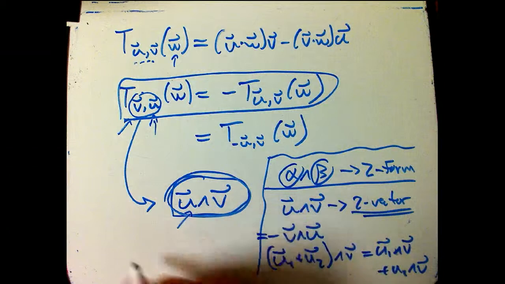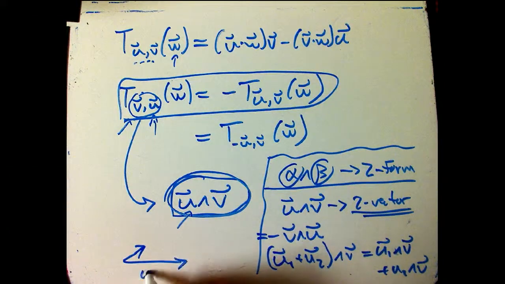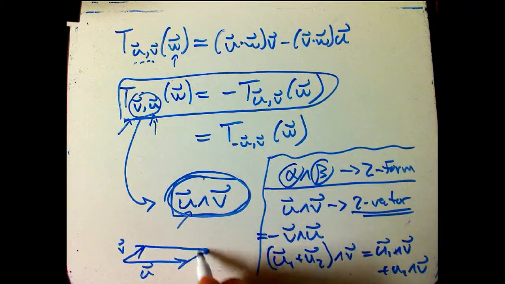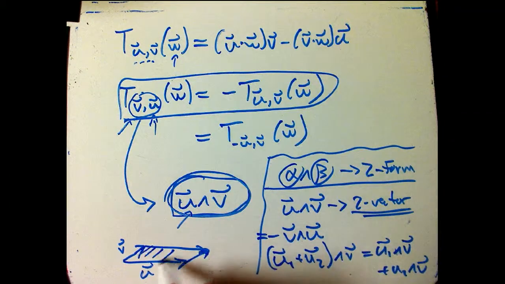The picture here is very simple. It corresponds to something we did a lot in the differential form videos. If this is u and this is v, then u wedge v basically is the oriented parallelogram formed by those guys. Okay? And with its area and with its orientation and how it sits in space and everything.